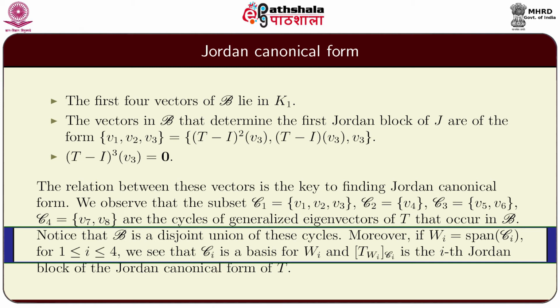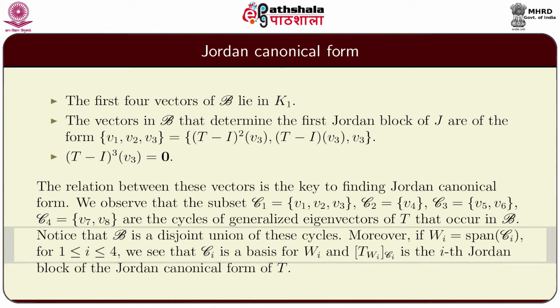Moreover, if Wi denotes the span of Ci for i from 1 to 4, then we see that Ci is a basis for Wi and T restricted to Wi with respect to the basis Ci is the ith Jordan block of the Jordan canonical form of T.